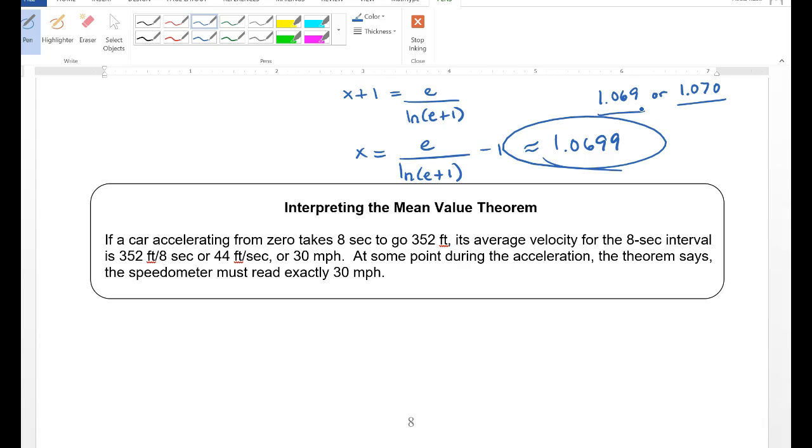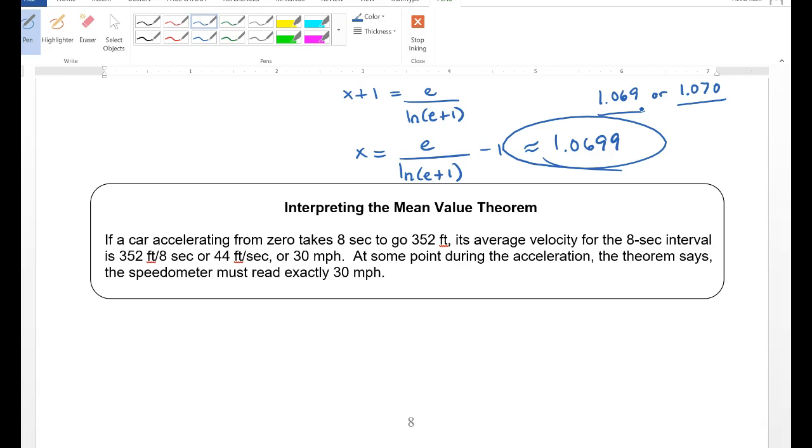So at some point while you're driving, your speedometer has to read exactly 30 miles per hour.